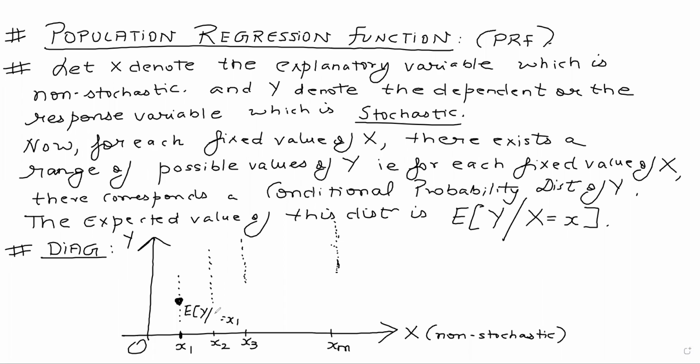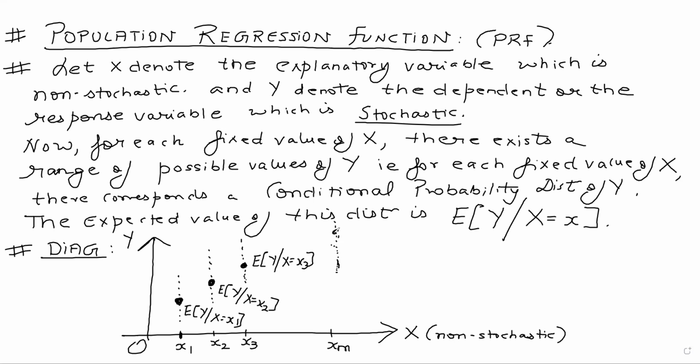I can write it like this. This particular value is my expected value of Y when X takes the value x2, the average value of Y. This will be the expected value of Y when X takes the value x3, and so on.